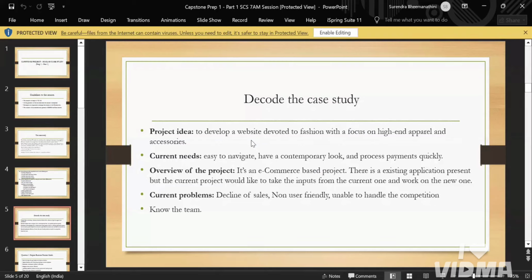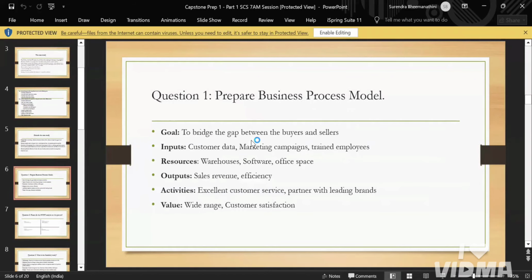After that, the first question is to prepare a business process model. The business process model has six parts.